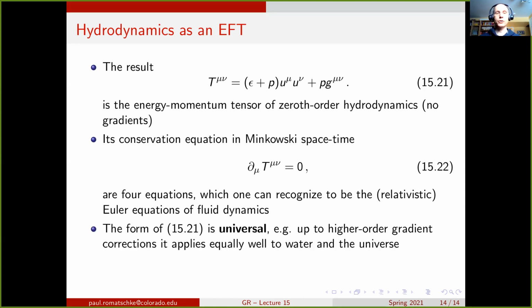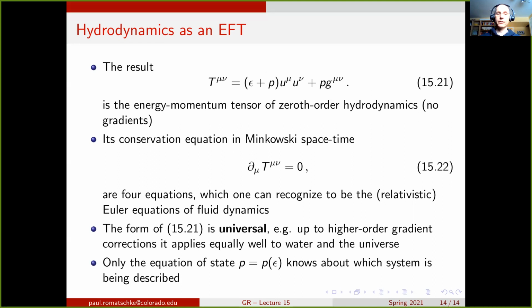Because again, we have not used any particular assumptions about what systems we are actually describing, the form of the energy momentum tensor here is universal, and as such it applies equally well to lakes in the non-relativistic limit, as well as to the universe, which is much more to the core problem of the course at hand.